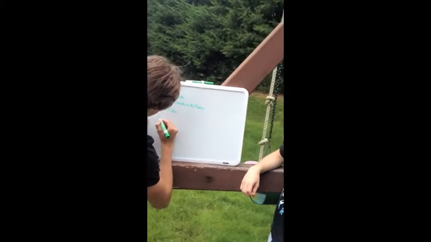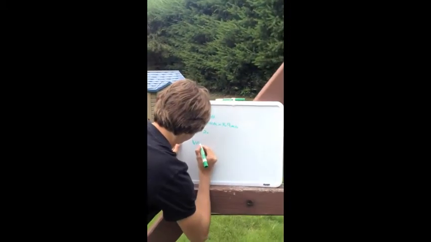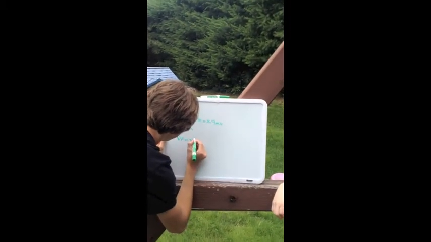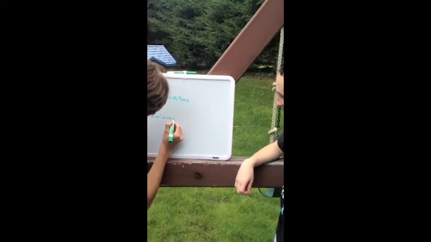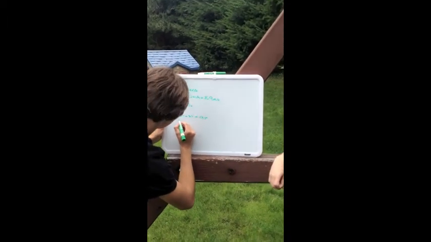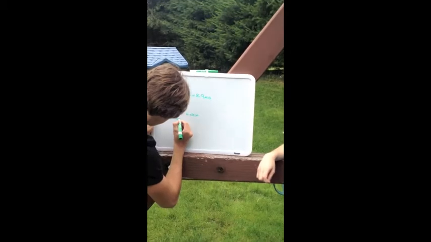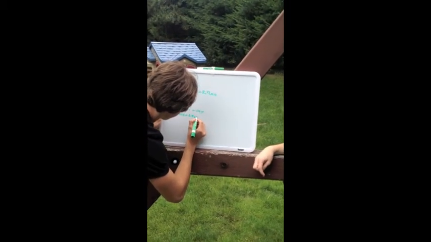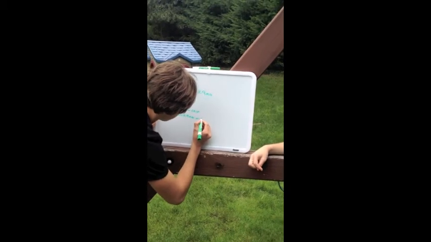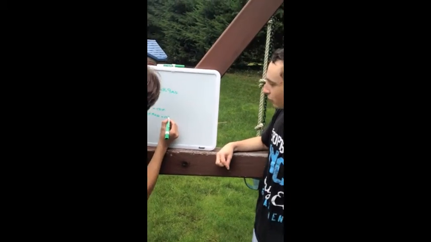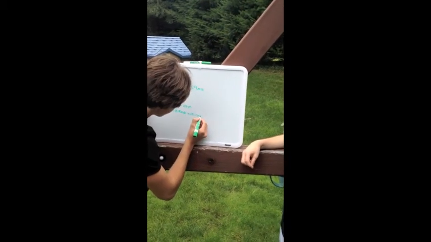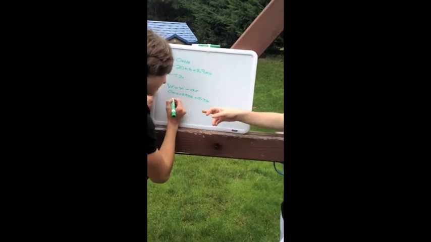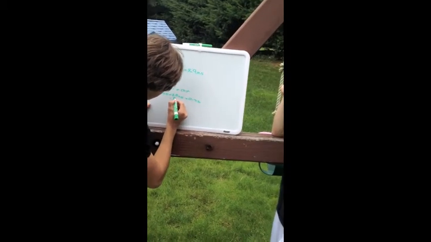We'll use the same equation this time. VF equals VI plus AT. Let's fill this out. VF is 0 meters per second. This comes to a stop. VI, we got 8.9 meters per second. We don't know the acceleration, and the time is 7.2 seconds. So, subtract the 8.9 meters per second.